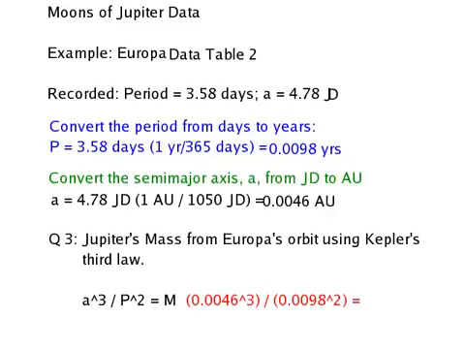Then divide that by 0.0098 squared, which is 4 zeros and then 882. That equals 0.001099.